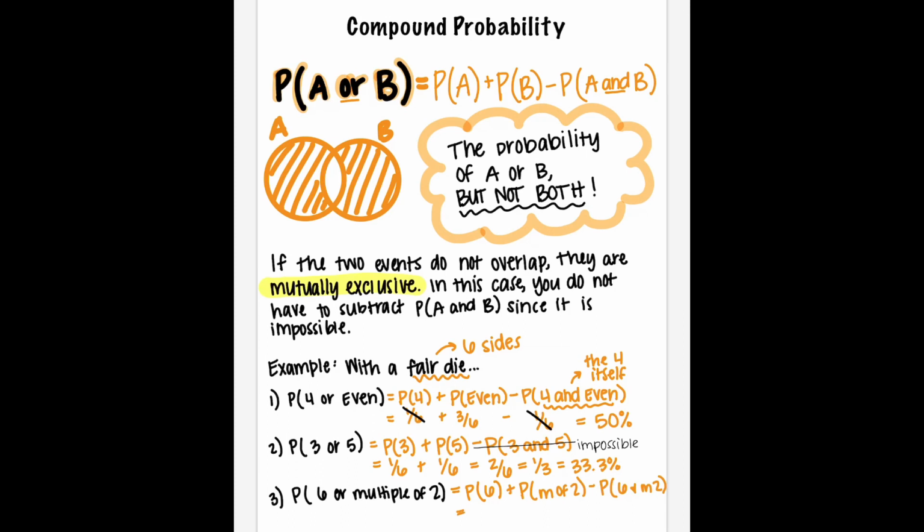Okay, the probability of rolling a 6, only one side has the number 6 on it. So to give us a few different numbers here, I'm going to do multiples of 3 instead. I'm going to change this question really quickly because that would essentially be the same as what we did in the first example, and I want to give you something different. So let's look at multiples of 3. And I don't want that to look like a plus sign.